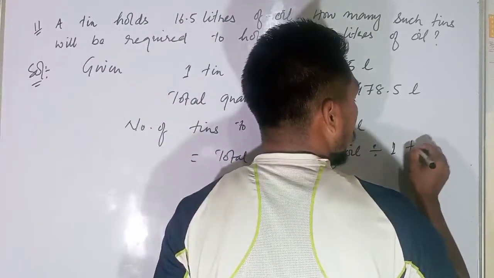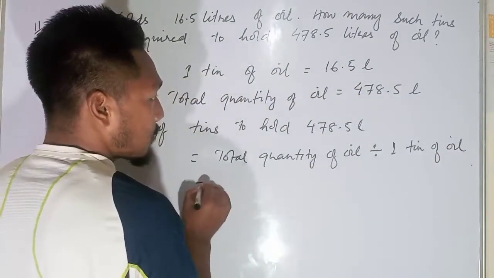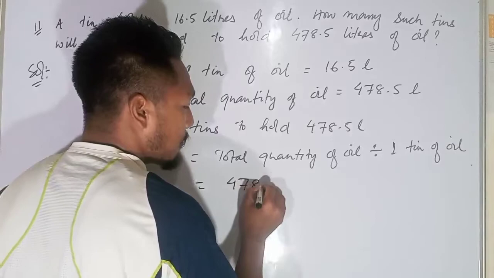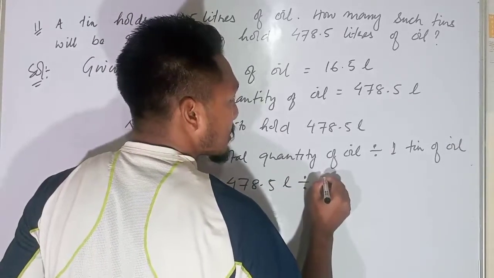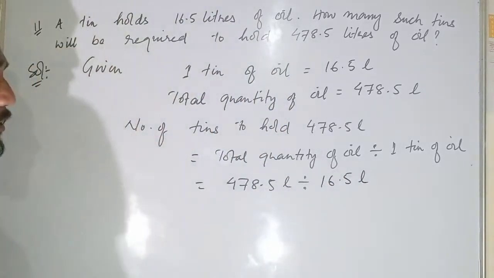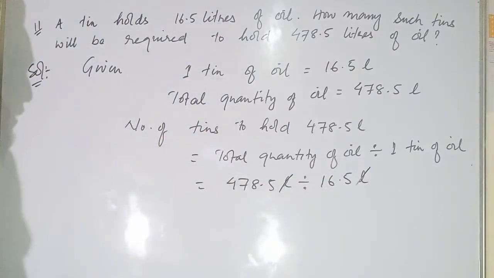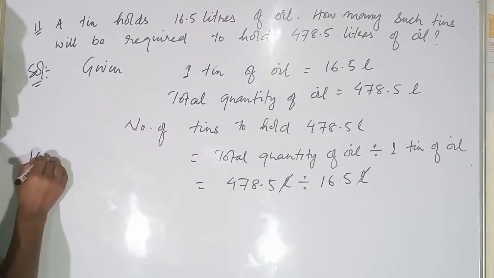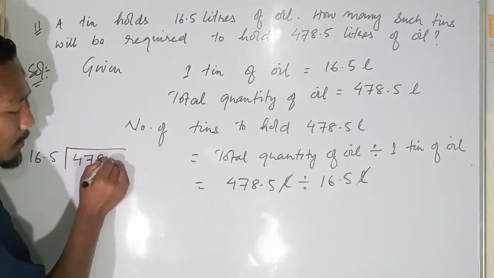one tin of oil. That means the total quantity is 478.5 liters, dividing by 16.5 liters. So divide these two numbers. Liters cancel out. So 16.5 is dividing 478.5.